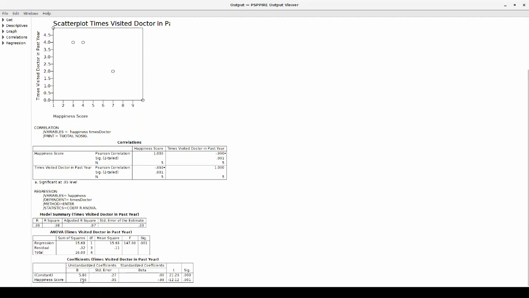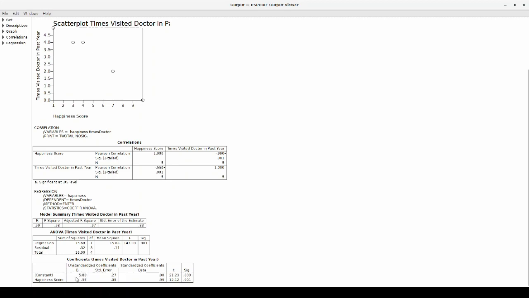So here, our b for the change in y based on x is going to be a decrease of 0.56. So what this means is every increase of 1 in happiness results in a decrease of 0.56 in our times visited the doctor in the past year.